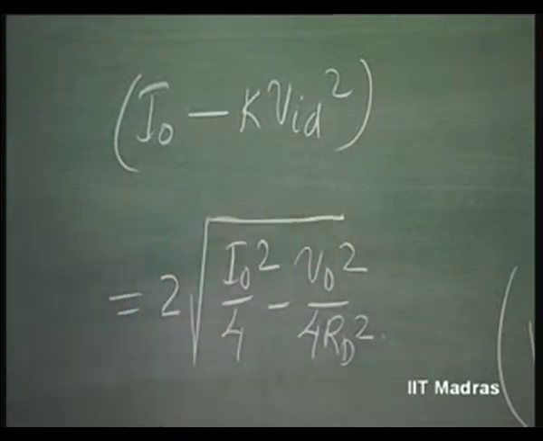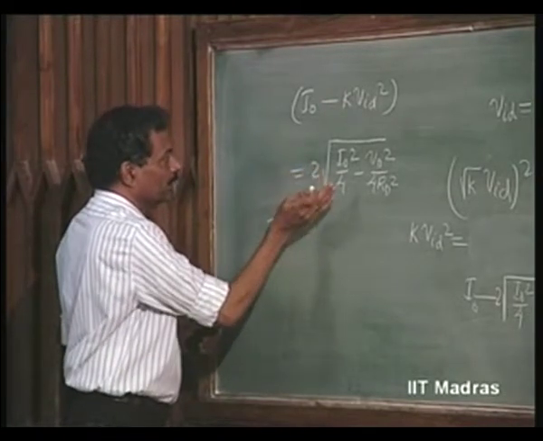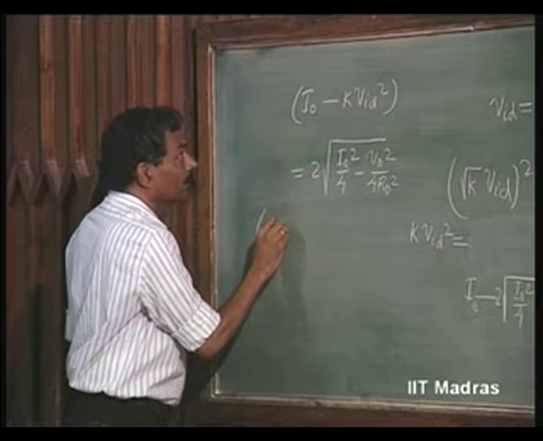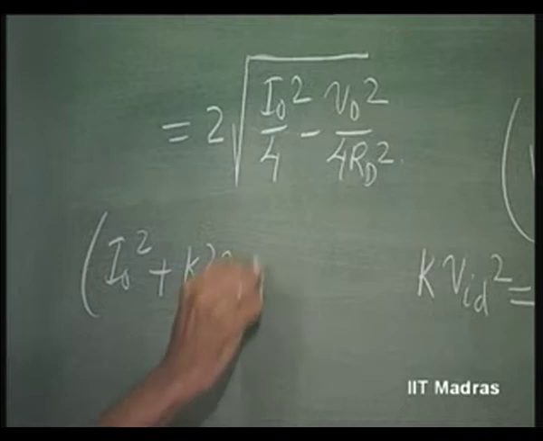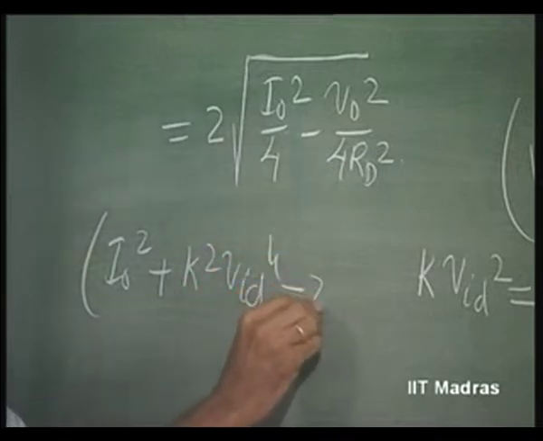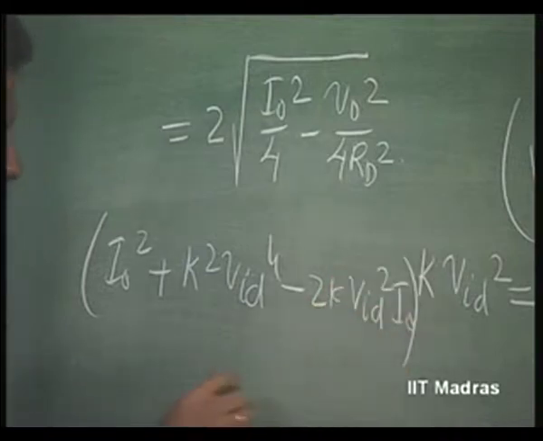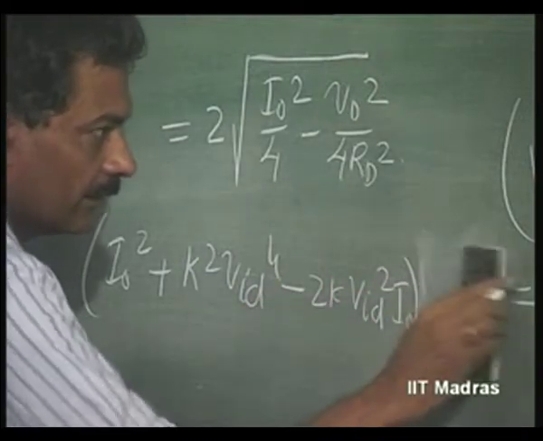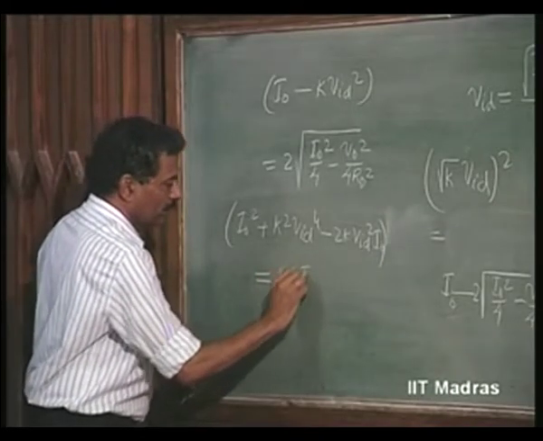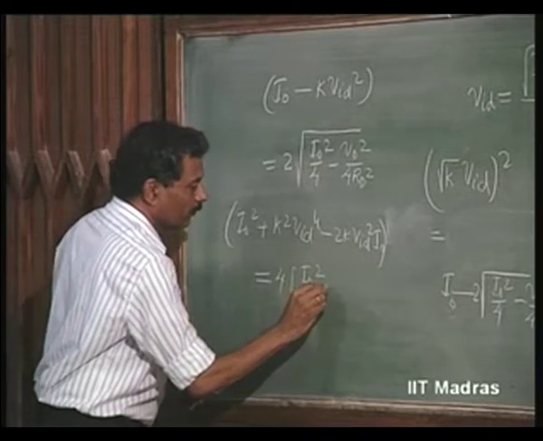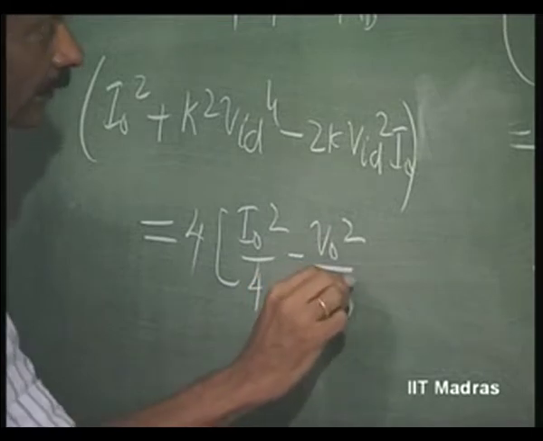We have to square once again: I naught squared plus K squared VID to the power 4 minus 2K VID squared I naught is going to be equal to 4 times I naught squared by 4 minus V naught squared by 4RD squared.